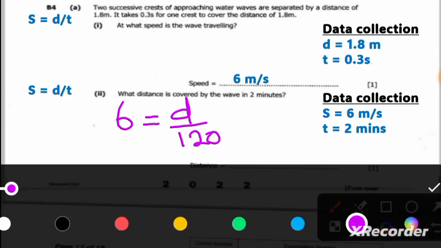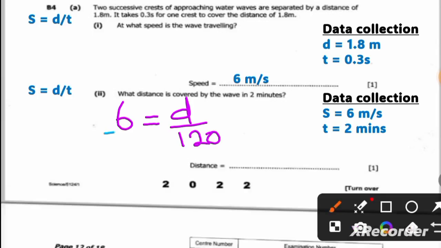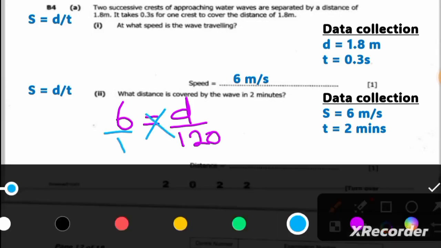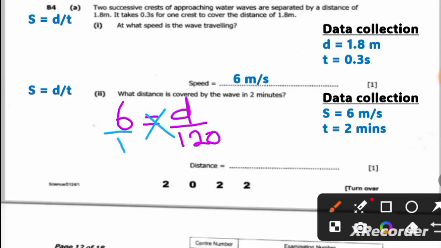Let us do a cross multiplication. 1 times d, representing distance, is equal to d. 6 times 120 is equal to 720.